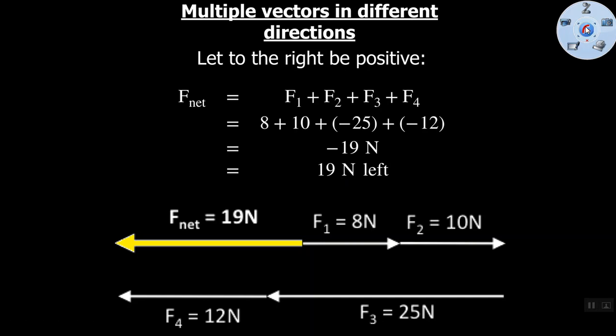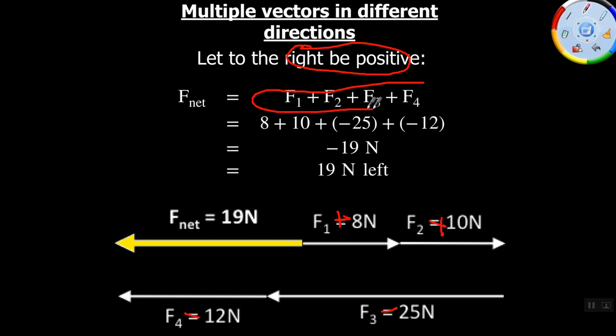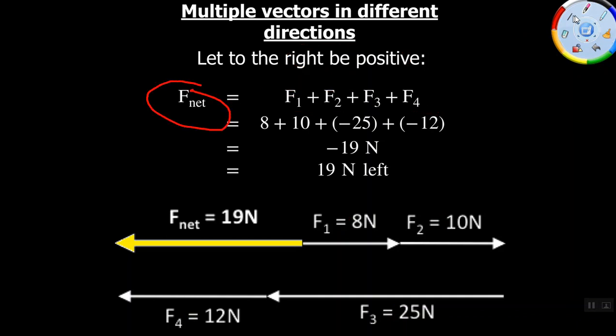So what did we do here? We first used our direction. We use right as positive. So this is a positive 8, a positive 8, a negative 25, and negative 12. If you can see here, we always add our vectors together. It's the sum of all the vectors, or the result of all the vectors. And then we add the values with their direction.